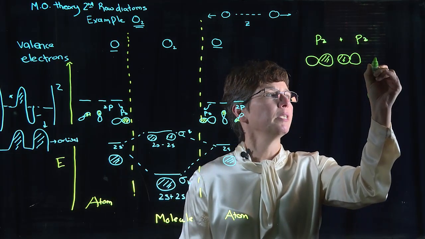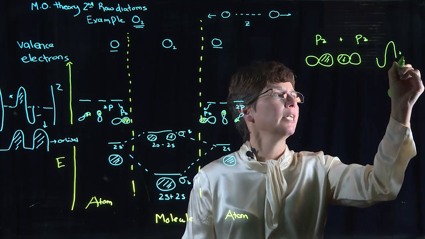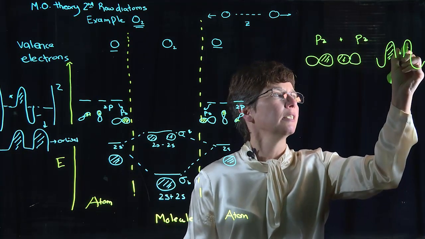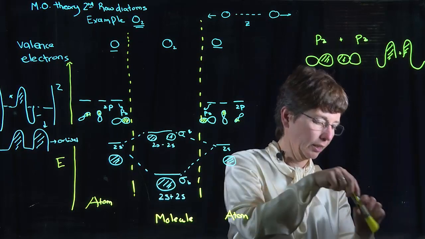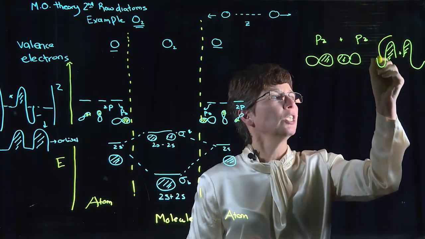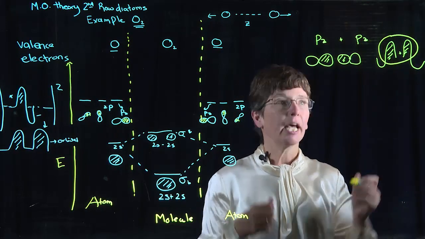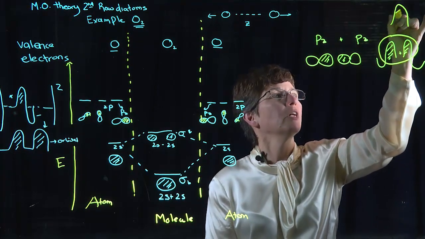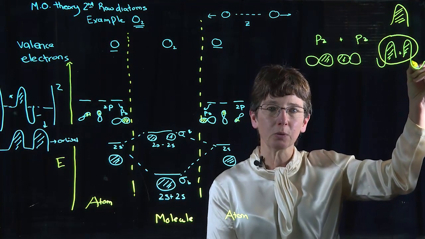And when I do it, these two parts of the wave function add constructively, and that means that when we add them together, the total amplitude of the wave function will increase.